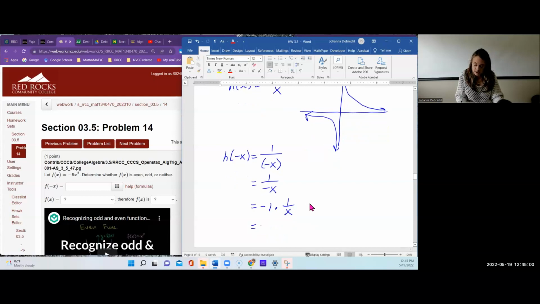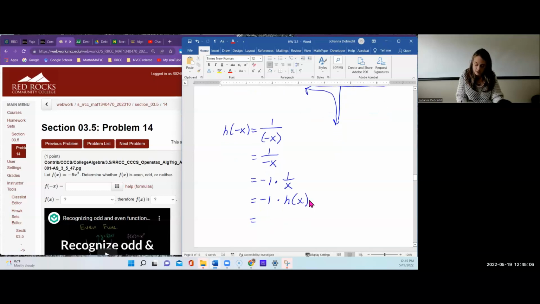This is the same as writing negative 1 times the original, which is h of x. That is not what I had in the beginning for the first 2 examples. In this case, h of negative x gives me negative h of x, which is a different kind of symmetry. This is not an even function because it didn't give me back h of x. What it gave me instead was the opposite of h of x, or negative h of x.